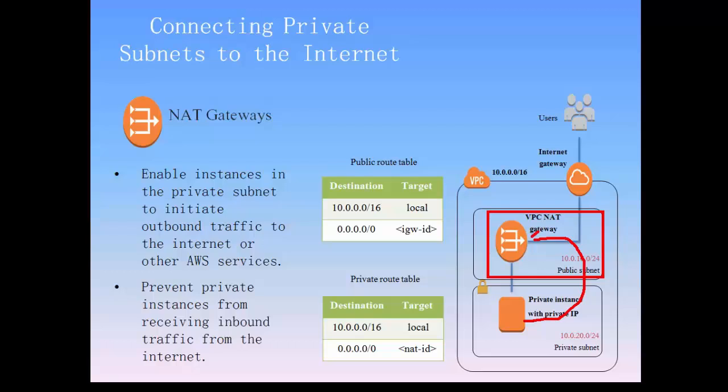The request goes to the subnet here, then this gateway forwards your traffic to the internet, working as an intermediate. No one can directly reach here. First you put a request here, then it will say no, I don't know. But any request going from the inside, like outbound traffic, it will forward. Okay, you can go. Then any answer coming back from there, it will compare with its database and forward the traffic to the EC2.